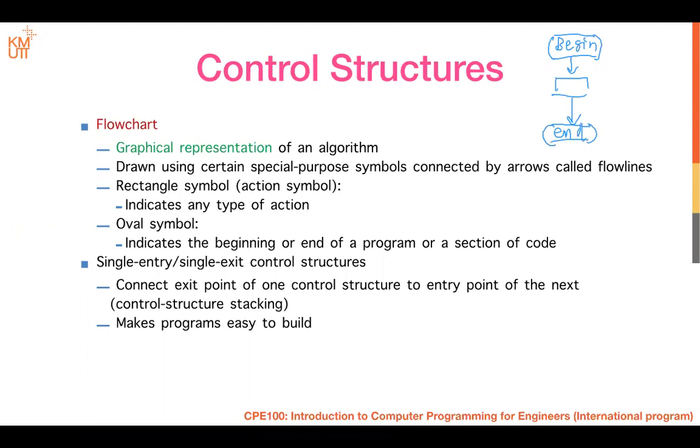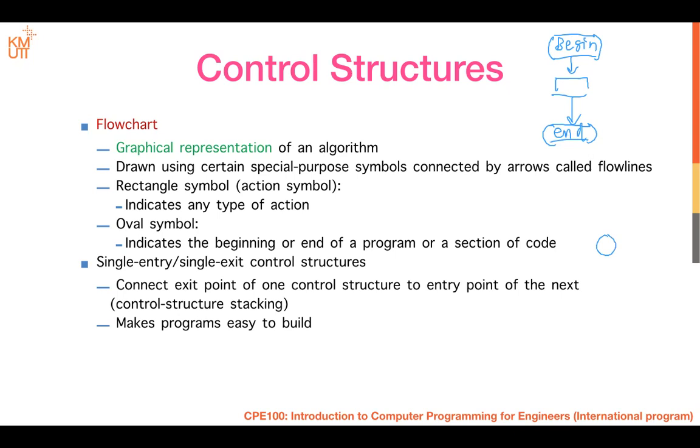The next one, single entry and single exit control structure. You connect the exit point of one control structure to the entry point of the next one. That's what you call control structure stacking. It's like the circle to connect from one page to another.